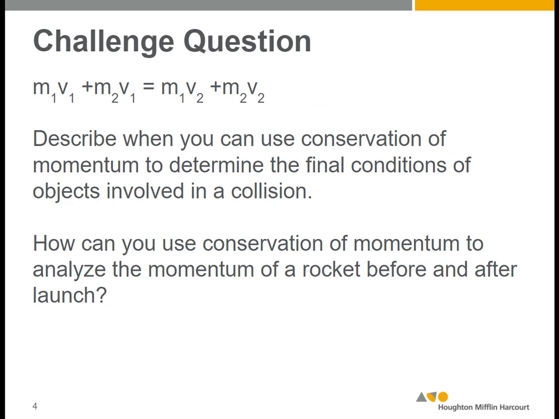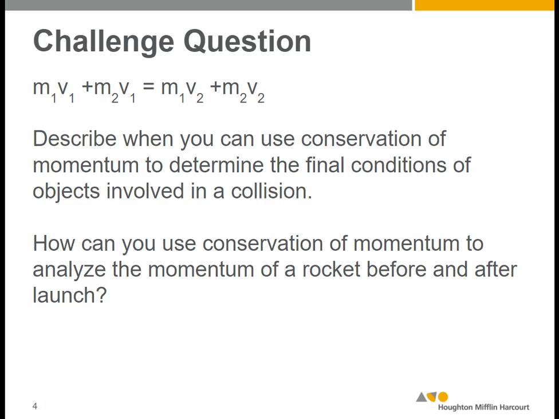So we can summarize this in one equation: m1 v1 is the momentum of object 1 before the collision. It doesn't have to be a collision. In the case of the two girls pushing off of each other, it was an interaction.